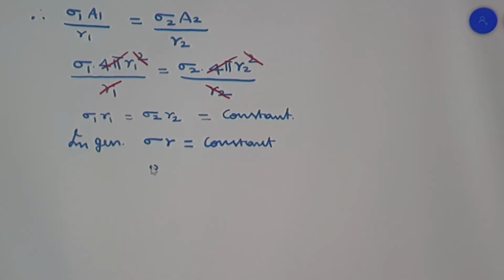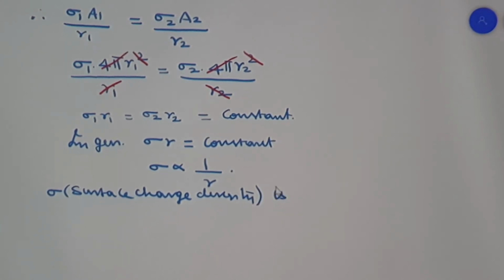If so, surface charge density is inversely proportional to the radius of curvature. So in terms of wordings, we can write sigma. What is sigma? Sigma is called the surface charge density, that is, the amount of charge available per unit area.